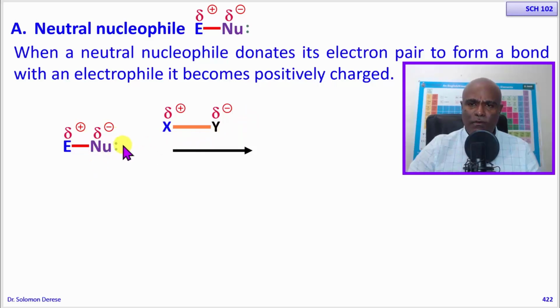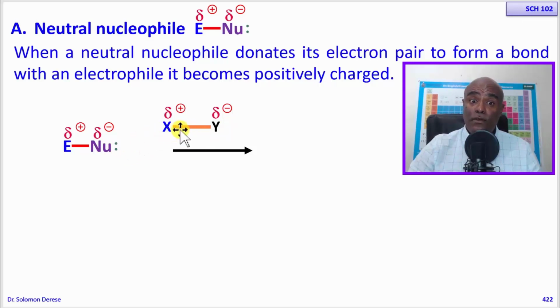When it forms a bond with the electrophile like this, it's going to use its own electrons to form a bond with the X. In the process, the nucleophile is going to lose electrons. When an atom loses an electron, it becomes positively charged. So this neutral nucleophile has used its own electrons to form a bond with the electrophile. When it forms a bond with the electrophile, of course, this bond is going to break.